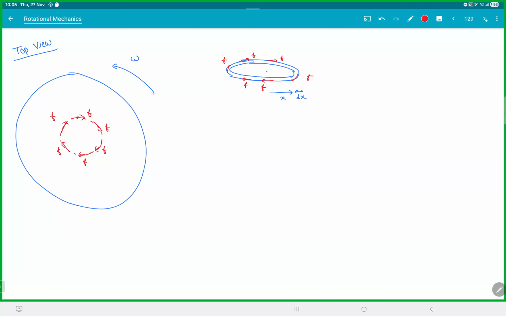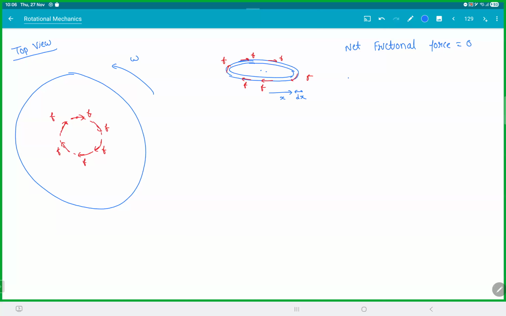So this body will not translate. Center of mass will be at the center only. It will not move at all. So if you see here, net frictional force is 0, but torque is not 0. Getting it? Torque is not 0 because all of them have torque in the same direction, anti-clockwise in this case, or clockwise.